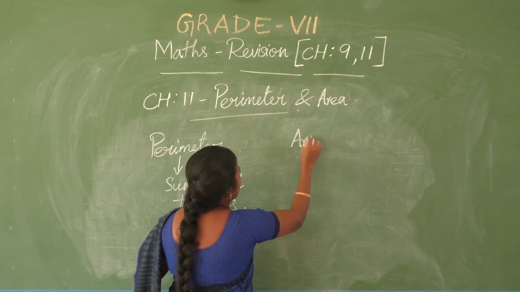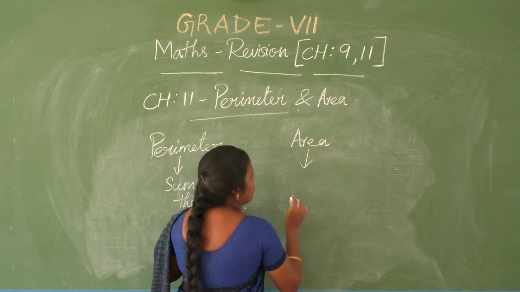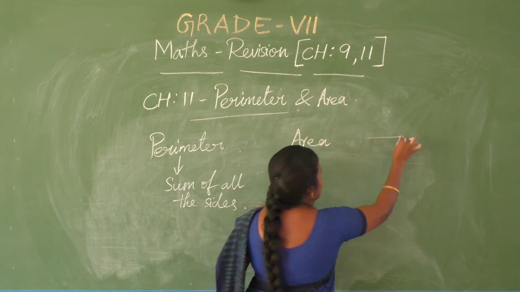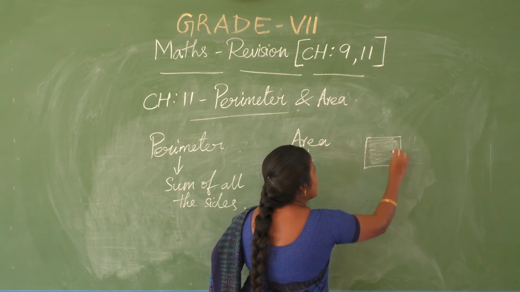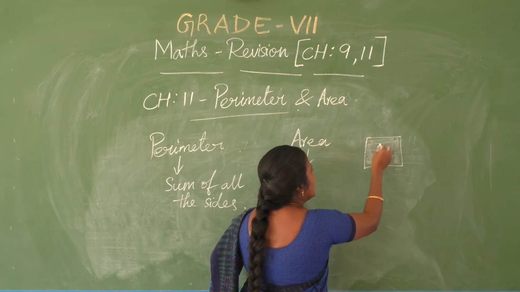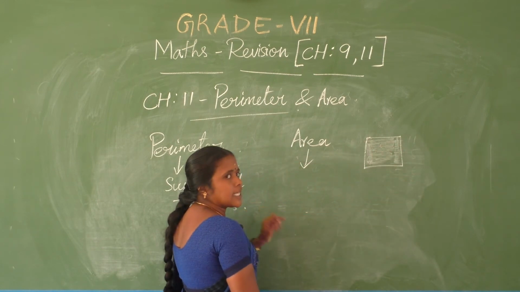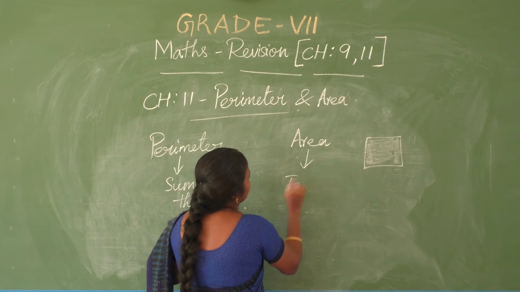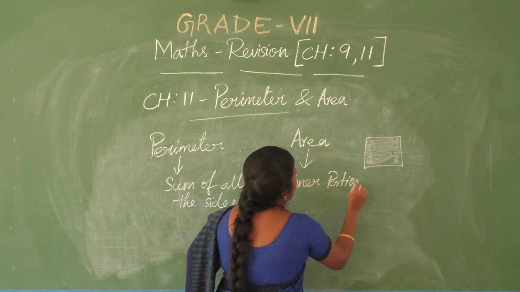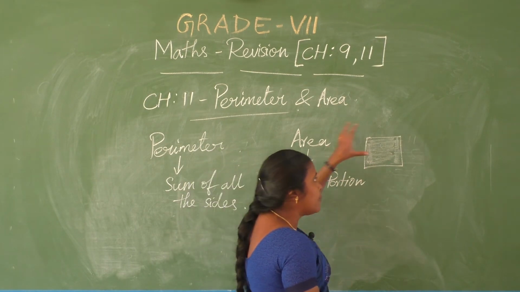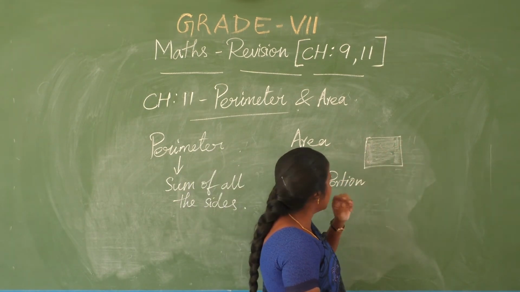Area: the portion occupied by an object. This is the object, and it occupies this much place. The portion occupied by an object is called its area. Nothing but the inner portion.